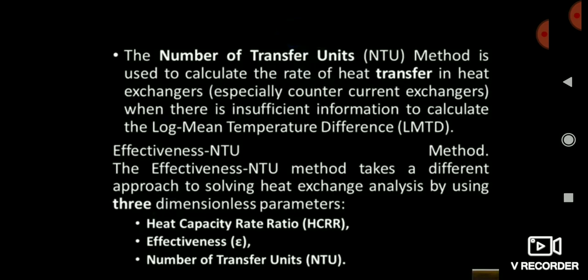Now friends, I am going to tell you about NTU, means number of transfer units. Friends, it is the method to calculate the amount of heat transfer through the heat exchanger. Means in this we will calculate the effectiveness of the heat exchanger by the NTU method.